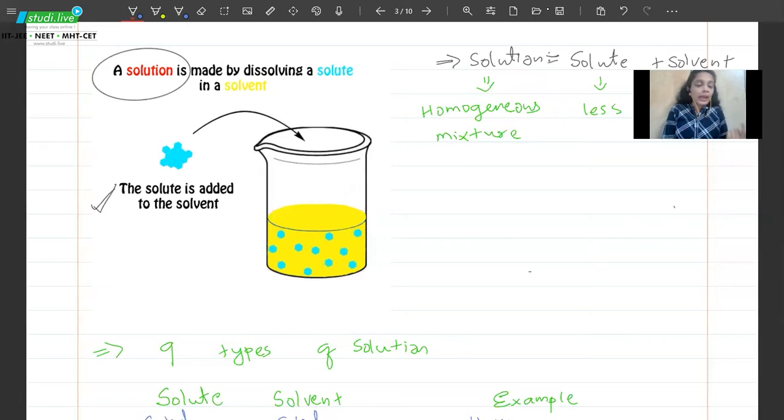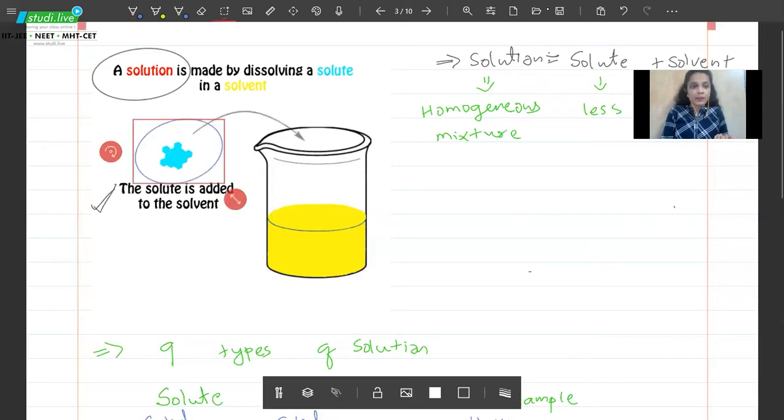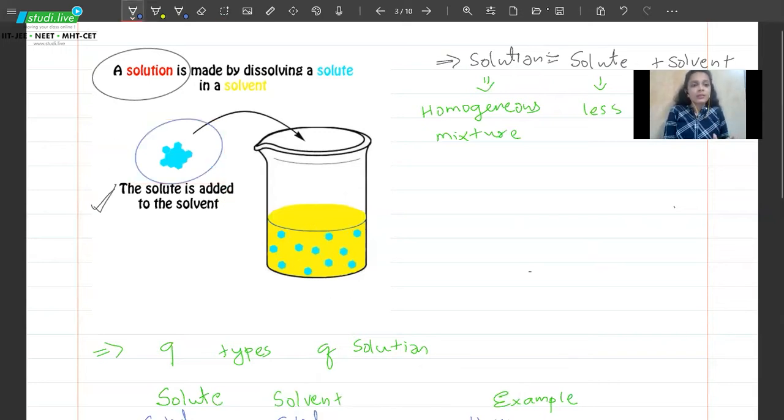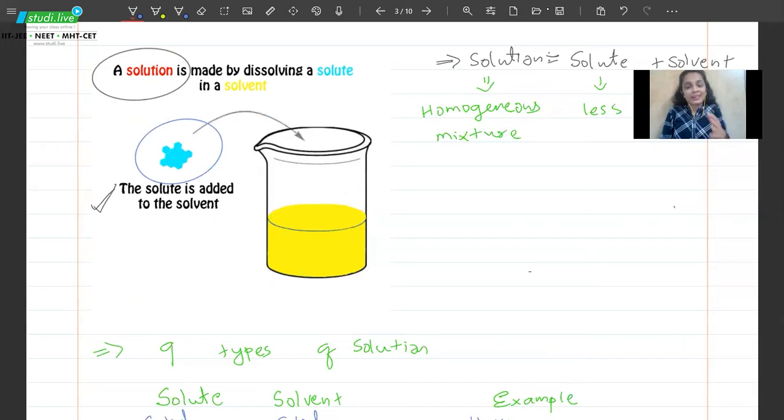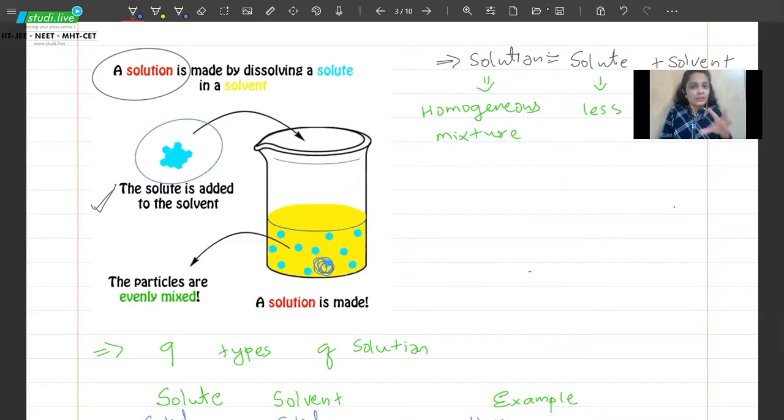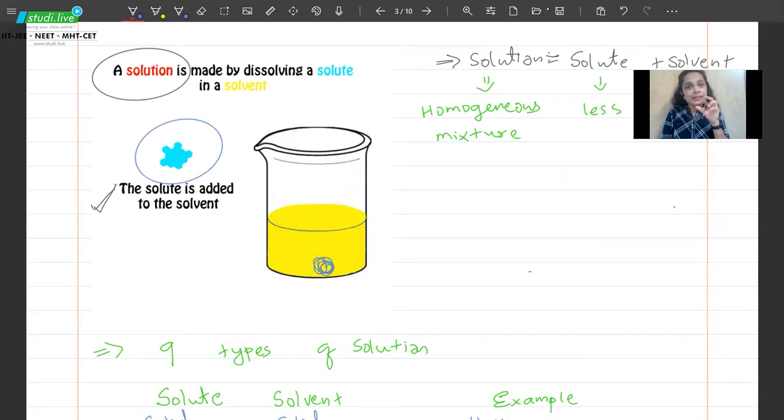Yes or no? And during this process, the solute that we have taken is getting dissolved. Am I right? We are adding the solute, and what is going to happen is that at one point it is going to reach where no more solute is going to get dissolved in the given amount of solution.